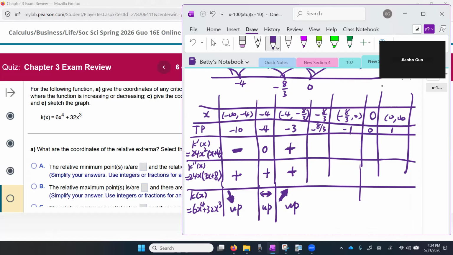At negative a over 3, the first derivative is positive, and the second derivative is 0. So the function is increasing, and it changed the concavity here.